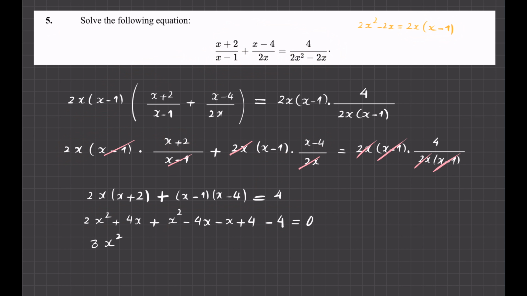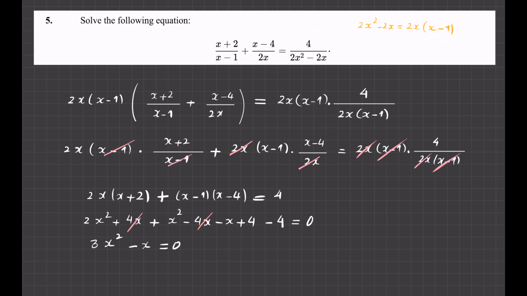And now I have 4x, and 4x are gone. Minus x is left. And then you see that 4 and 4 are also gone. So I will get this equation. Let me double check. These two are gone, minus x is left, 4 and 4 are gone. That's also correct. Yeah, that's correct.